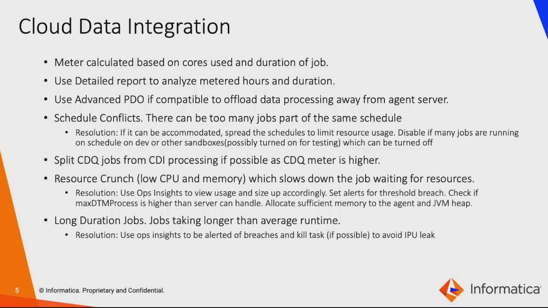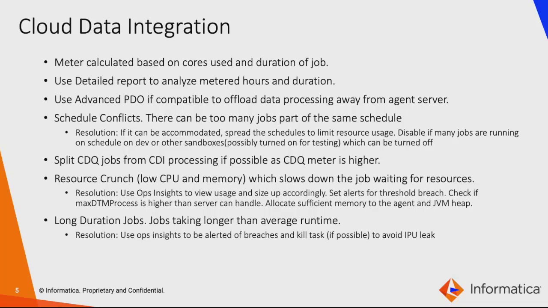One other thing that we want to point out when you're developing CDQ jobs, for example, is that CDQ is the cloud data quality service. So we've seen customers who, if they design a CDQ job, also add a lot more transformations which are CPU or resource heavy along with the CDQ job.